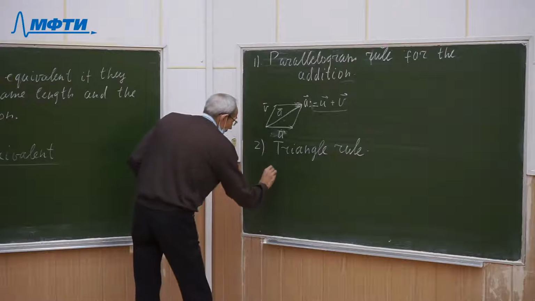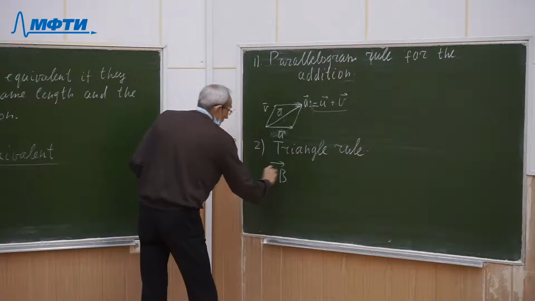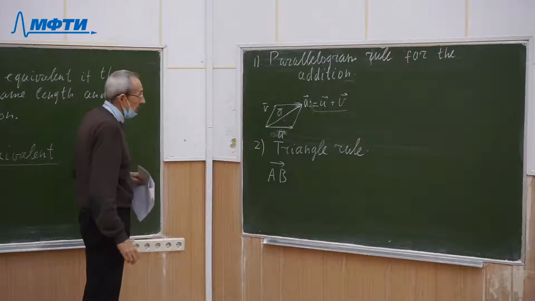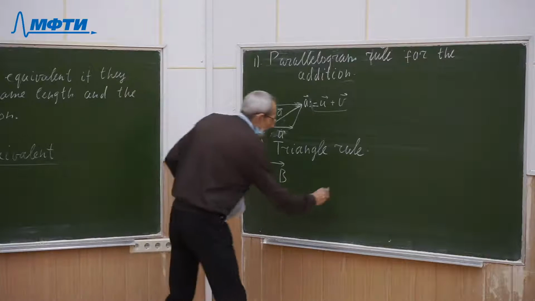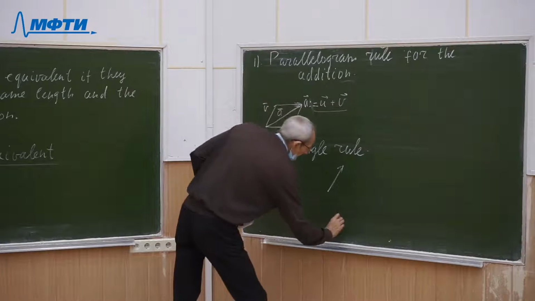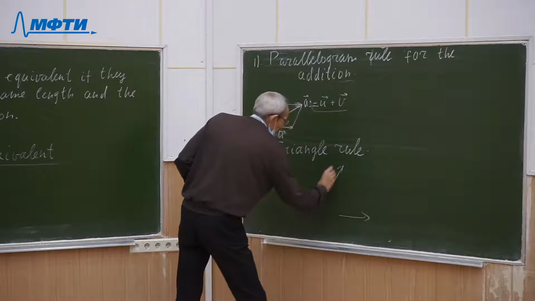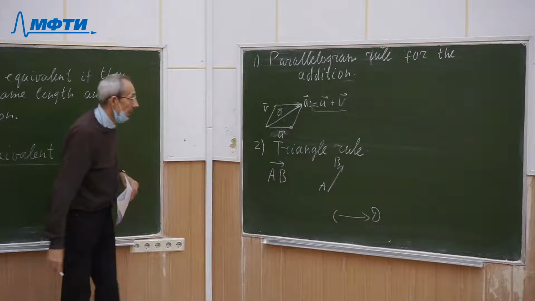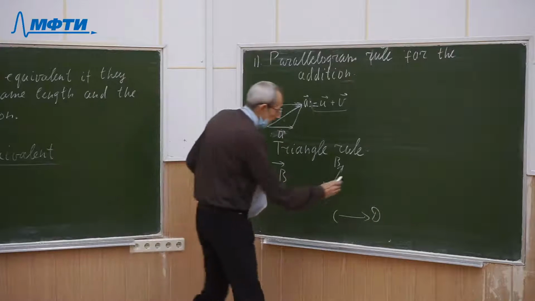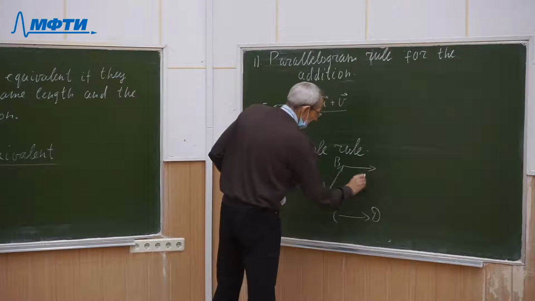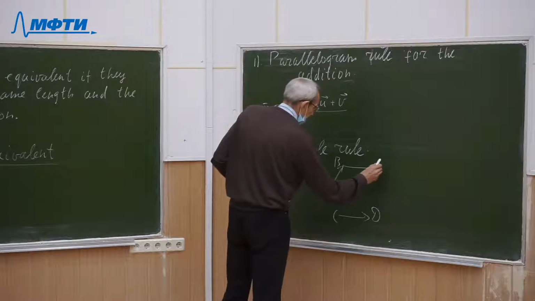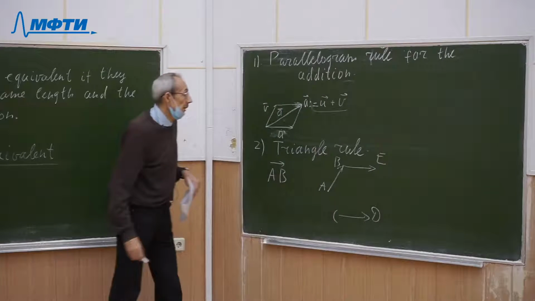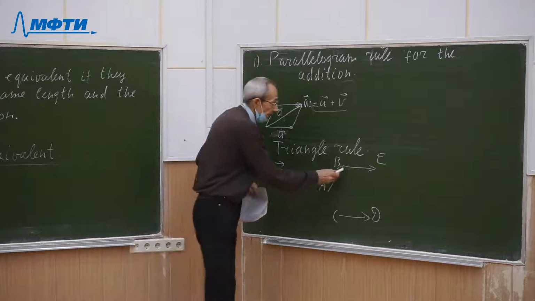We have some vector AB and another vector CD. Let's consider the vector BE, which is equivalent to the vector CD.